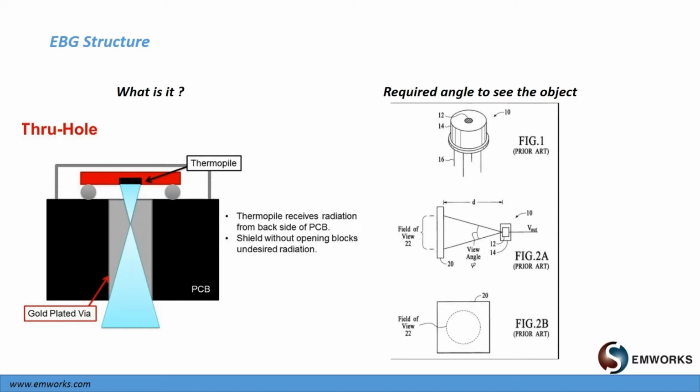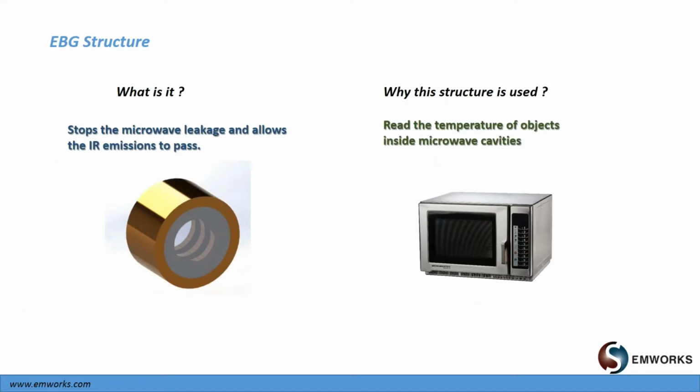So we are going to introduce a small filter that can be placed between the microwave cavity and the thermopile. This high power filter will filter out the microwave frequencies.